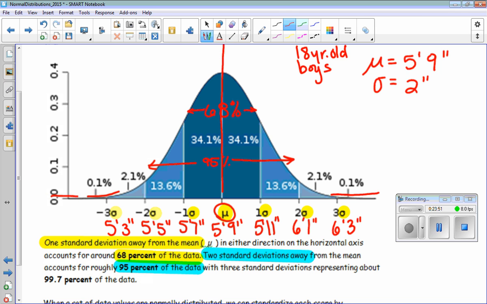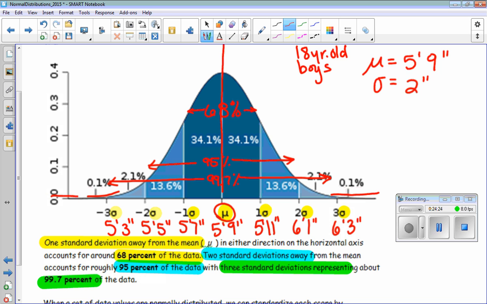Now this last one's pretty important. The last one says that 3 standard deviations above and below the mean is 99.7%. So between 5'3" tall and 6'3", 99.7% is between there. Almost all.